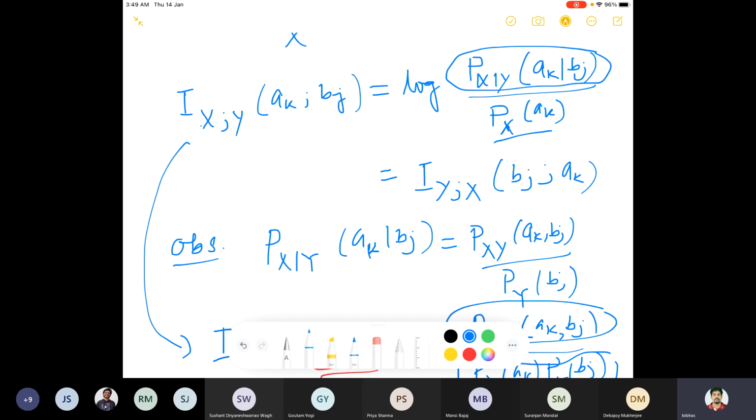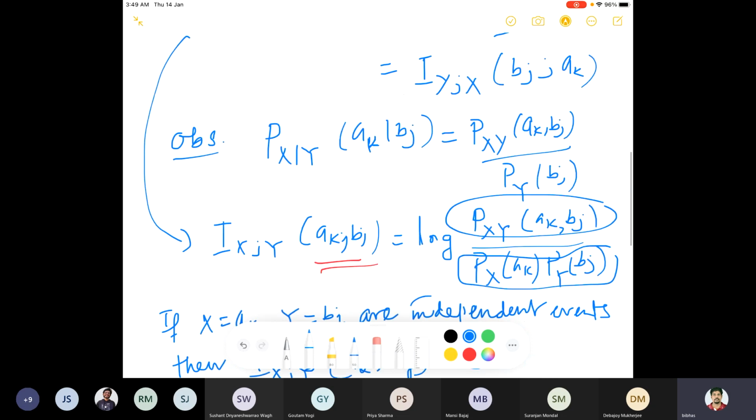So that means if that quantity is equal to 1, then that actually gives us how much information is being supplied, that means how uncertain this a_k is to occur. And this is what we call the self information.